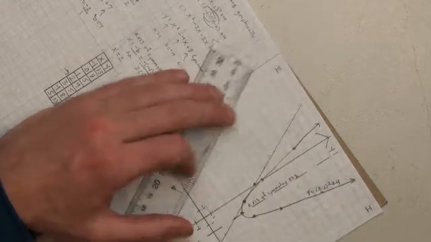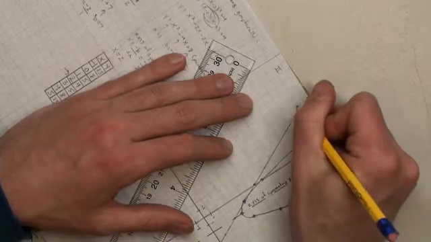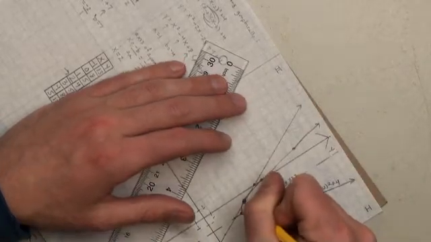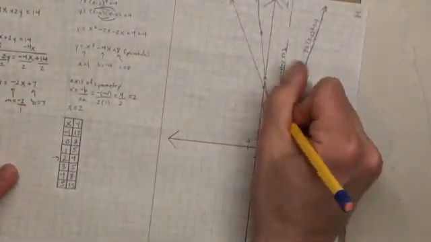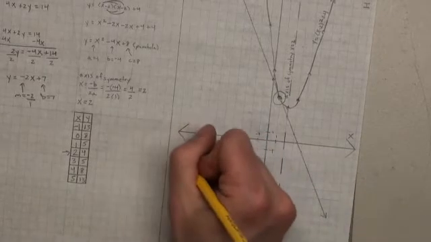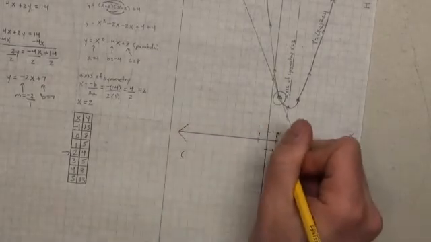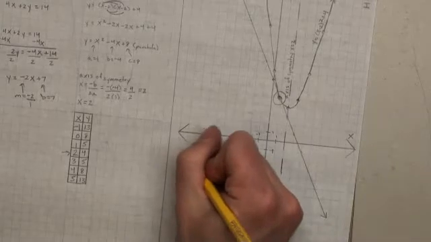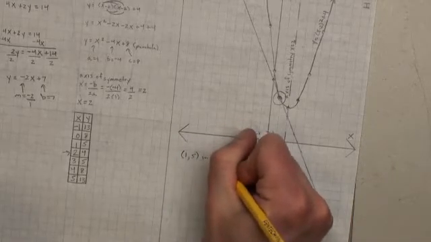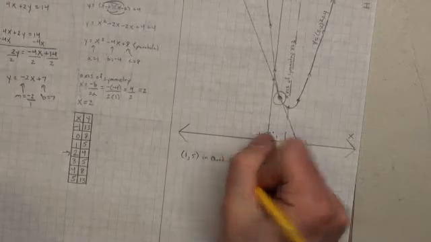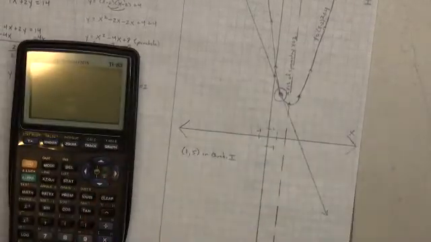We're tangent to the parabola right at that point, at (1, 5) in quadrant 1. Let's take a look and make sure that we're right here.